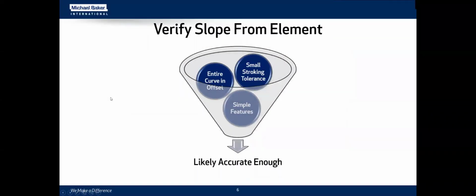Okay. And then again, I can't stress this point enough. You really want to verify your slope from elements. Entire curves in an offset condition. Small stroking tolerance can certainly help. You want to simplify your features. You'll notice I didn't complex any of my horizontals going around curved lines and things like that. There are times when that might seem like a good idea. It can hurt you in the long run.